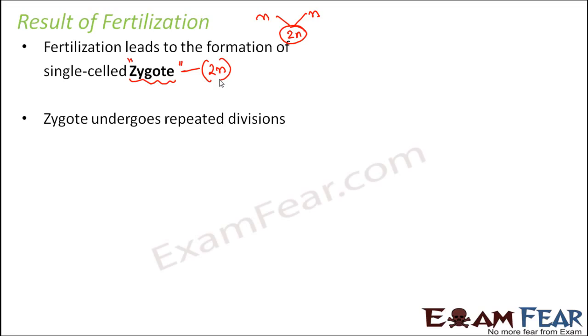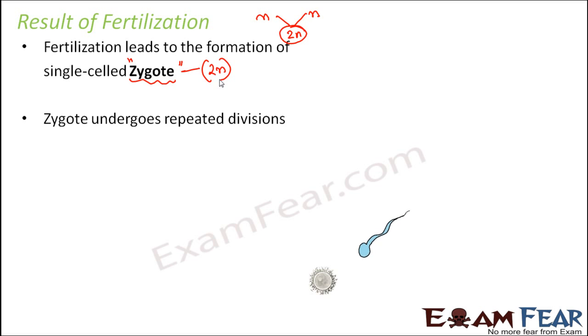The divisions will be followed by differentiation, where a group of cells will differentiate to form special tissues. Tissues will differentiate to form a special organ, and that is how different organs and organ systems are formed in the fetus, and that is how a baby is formed inside the uterus.